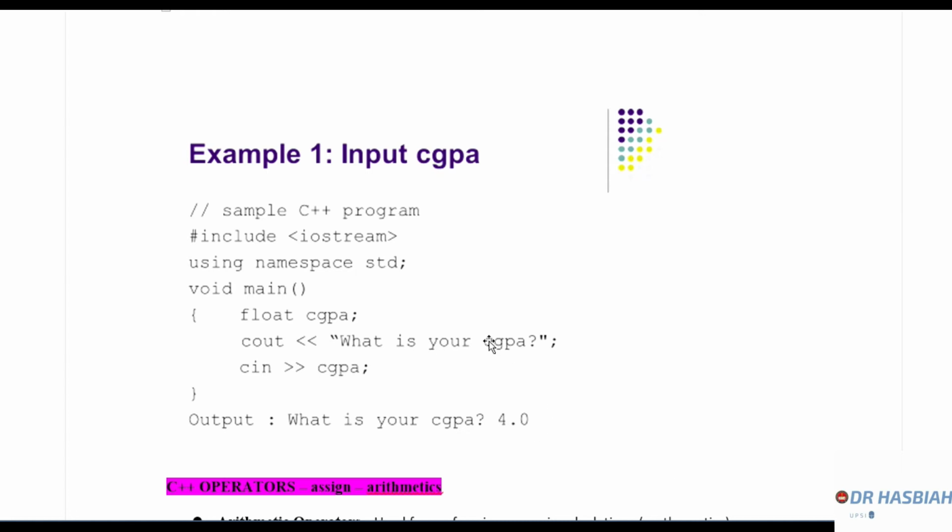Normally we use float, so you have to declare the CGPA at the top here, float CGPA semicolon. You save this program, compile, run, and then you get the output what is your CGPA, and you enter 4.0. So that is the example of the use of cin and cout statements in the program.